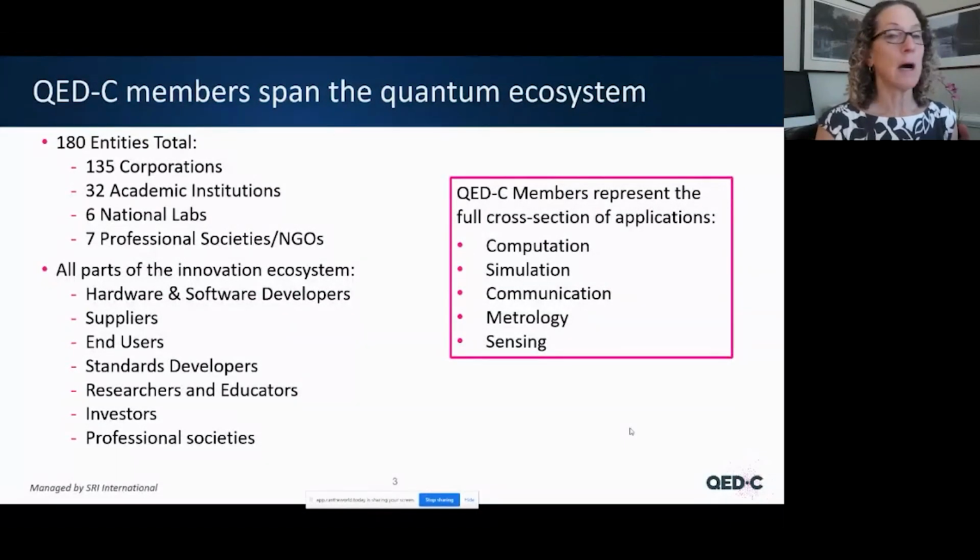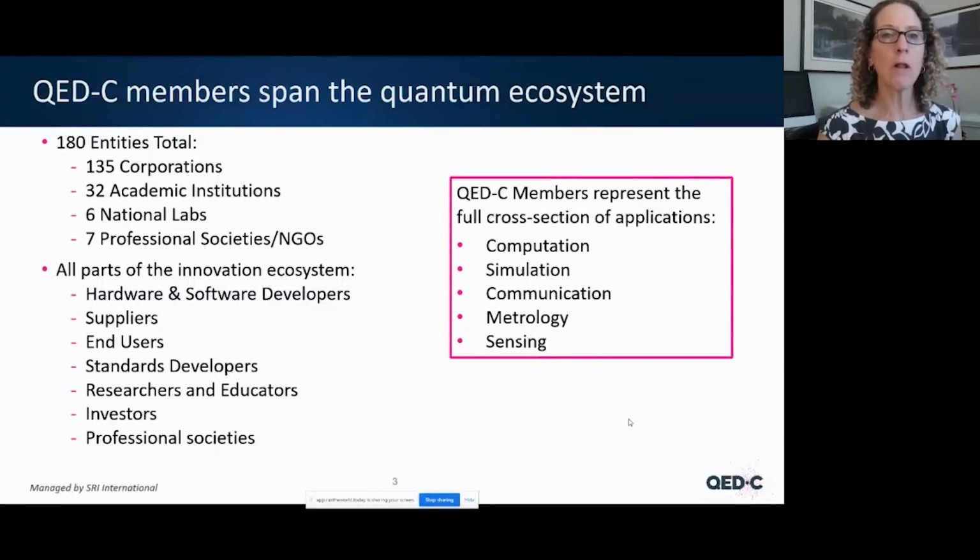So we've got companies, we've got about 36 now, or over 30 universities that are participating. We have some of the U.S. national laboratories involved, and also other organizations, professional societies, and so on that are part of that ecosystem that I showed at the beginning.